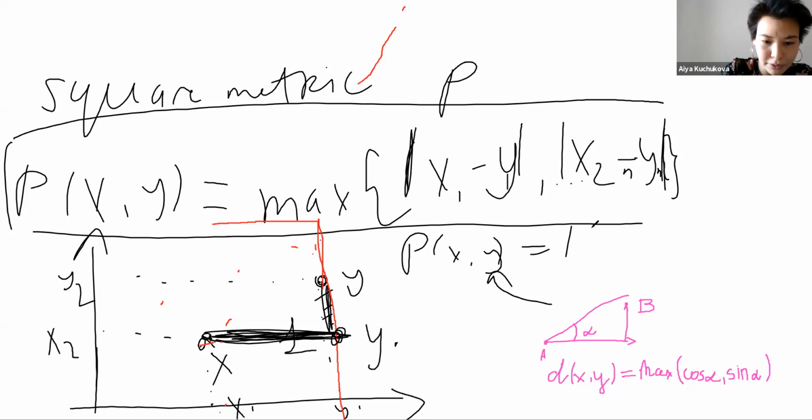And then if we put y here, this is still much bigger than this, right? So we're still counting this as our distance. The distance between this and this is still 1, even though it doesn't look like 1 exactly.